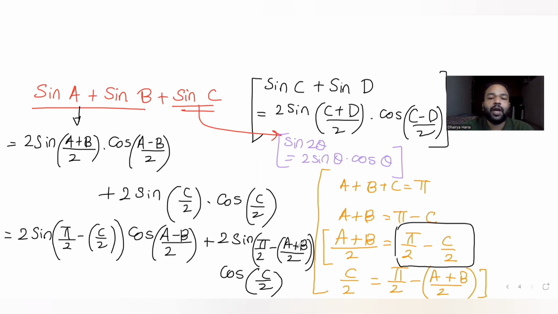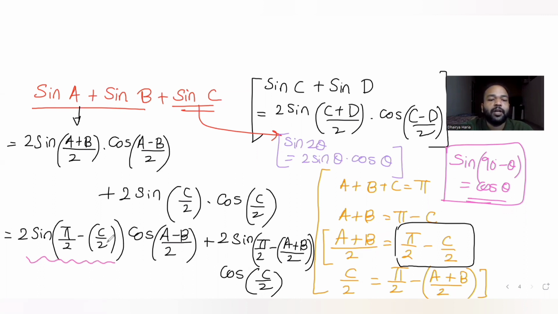Let's try to use the idea further. I know sine (90 minus theta) is equal to cos theta. So sine (90 minus theta), we already know it is cos theta. Here also, if I use that idea, sine (90 minus theta) is cos theta.